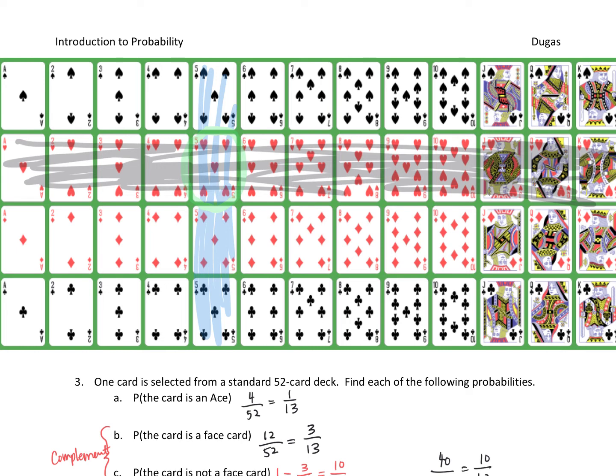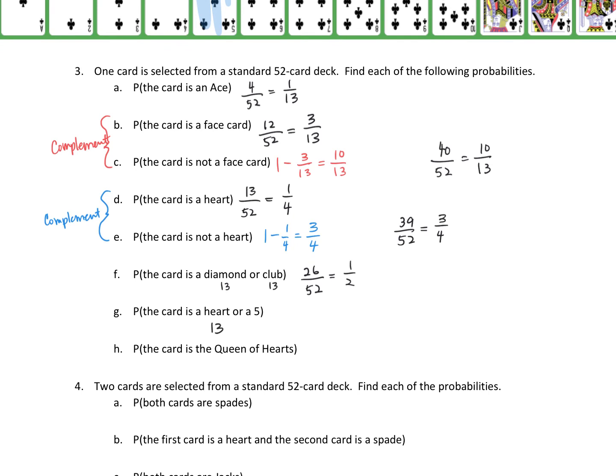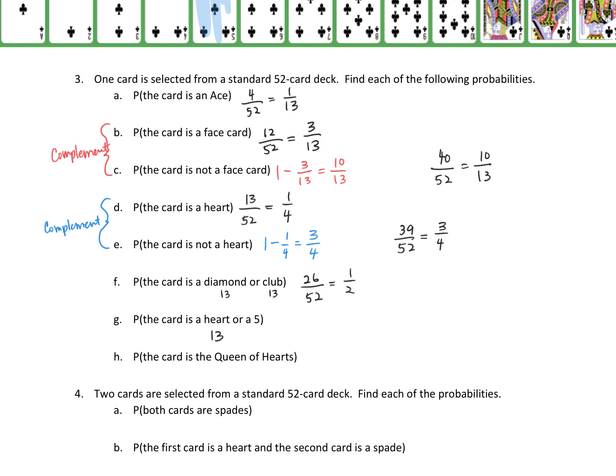You want to count the 5s that haven't been counted yet. So if you count the 5 of hearts as a heart, you don't want to count it again. So there would be 3 other cards that would be counted, which is 3 more. So there are 4 5s, but the 5 of hearts has already been counted as a heart. So you would not count it again, or you would have a problem.